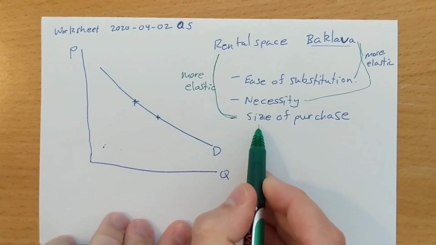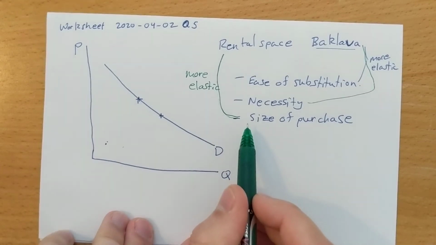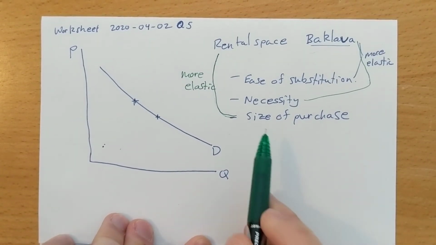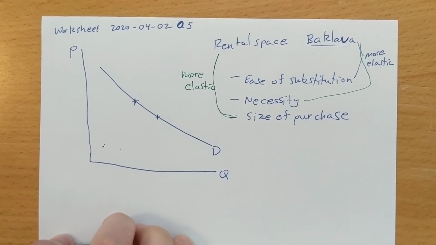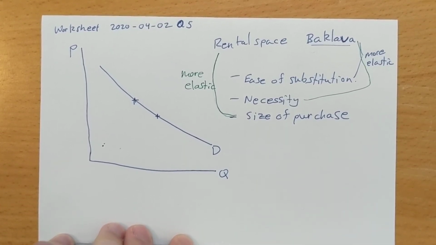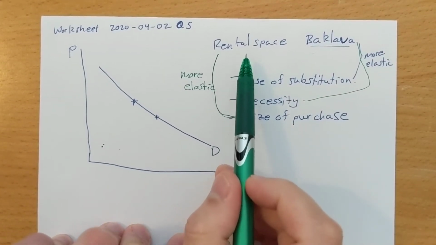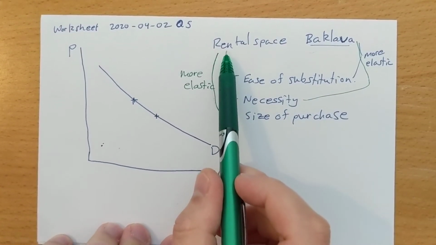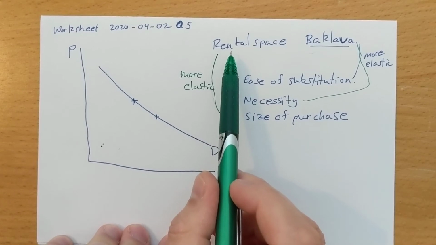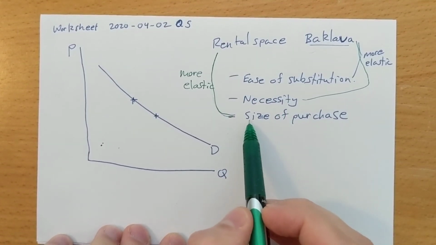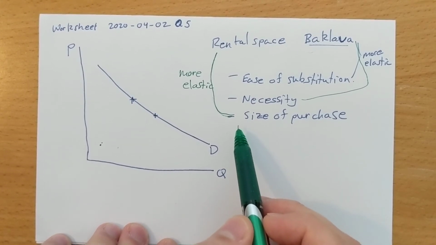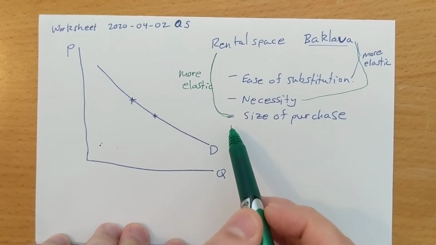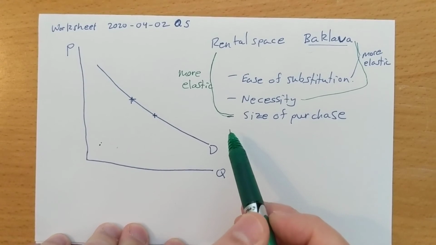Okay, and the reason that is that if it's a large fraction of our income, then when the price for that good goes up, we don't have a lot of options, essentially. It takes away a huge fraction of our income, so if we want to keep buying the same amount, we have to buy a lot less of other stuff. So if my rent goes up from $1,000 per month to $1,200 per month, then I have to buy $200 less of stuff every month.